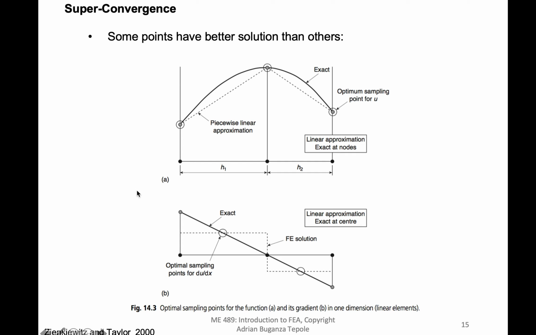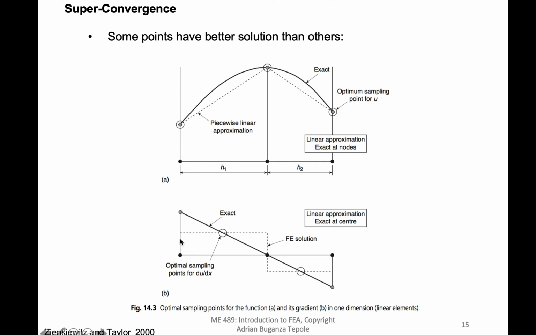For the stresses, actually the error is worst at the nodes. This is, for example, the exact solution of the gradient of the displacement. You can see that for this problem, the gradient of the displacement changes linearly. Now your finite element solution, if you're using piecewise linear for the displacement, then the stress is piecewise constant.